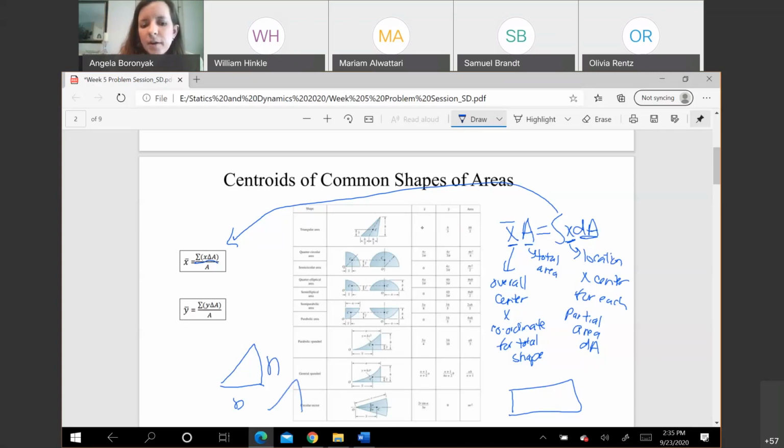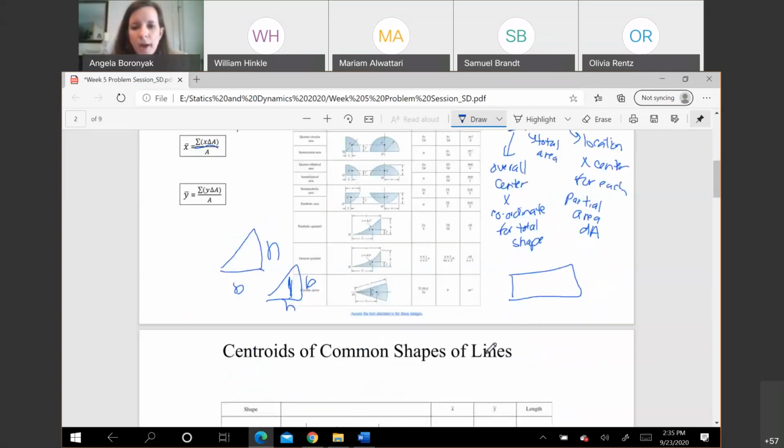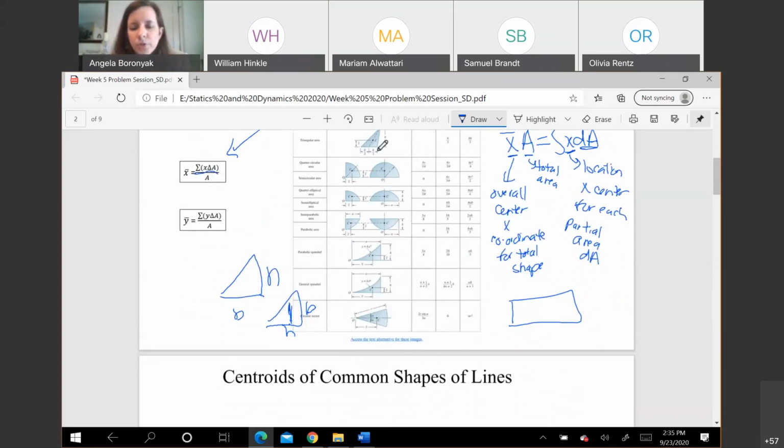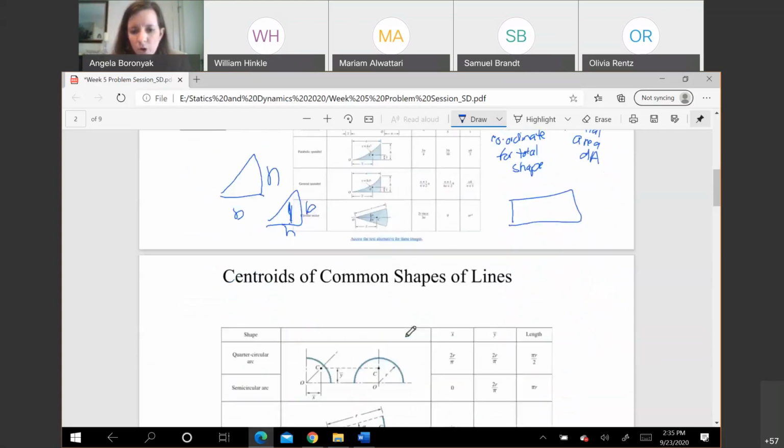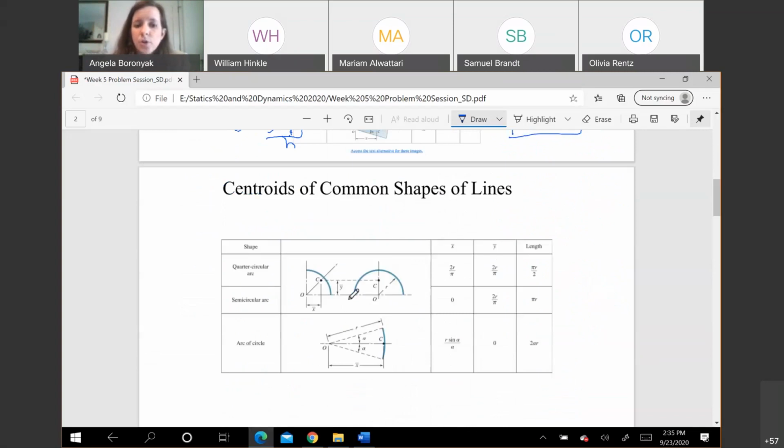But base, in which case I can use the same equation, except now you're solving for the x bar value. So do keep that in mind. Some of them require a little bit of thought to think about how to use them. So I have shapes here, center points for triangles, quarter circles, half circles, areas under a parabolic curve, a part of a circle, and then also with curves and lines, a quarter of an arc, a half an arc, or just some segment of a circle.